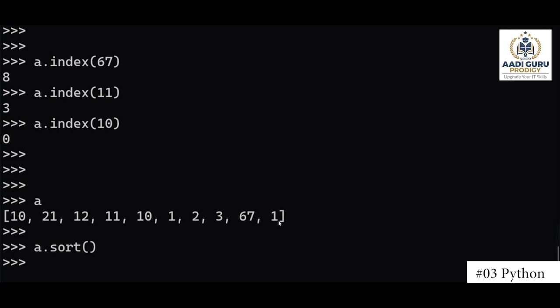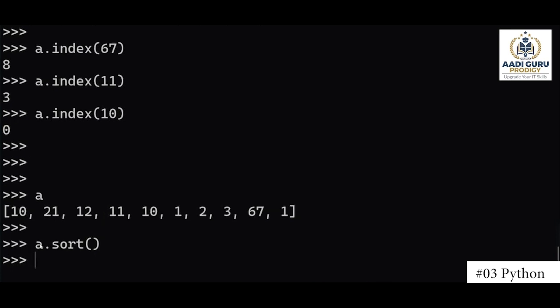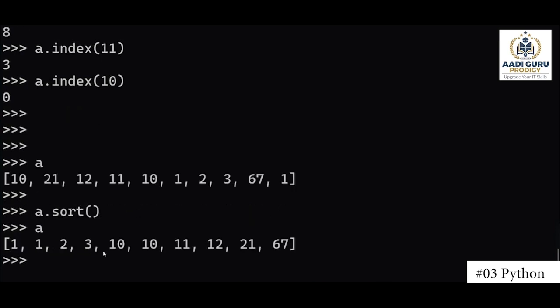If you want to arrange them in increasing order, where the lowest number comes first and then the bigger numbers, then use a dot sort. You are asking the interpreter to sort them, so for that we have an operation called sort. Nothing to mention inside, just sort. By default it will sort the list in increasing order like this.